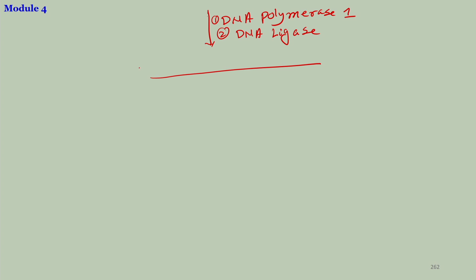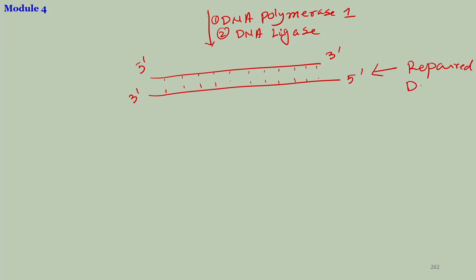That will make your original strand back. That is how this is your repaired strand. Repaired DNA. So, that is how the nucleotide excision repair works.